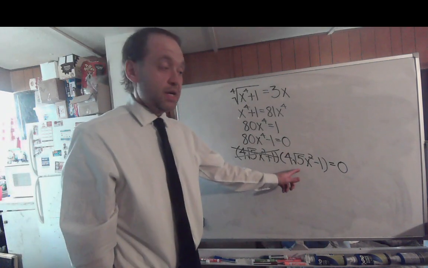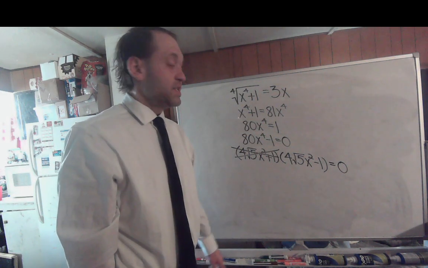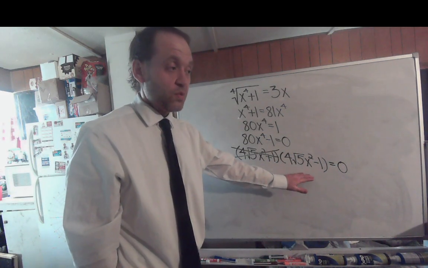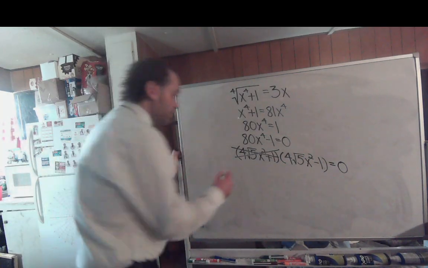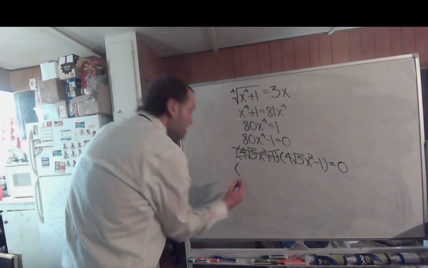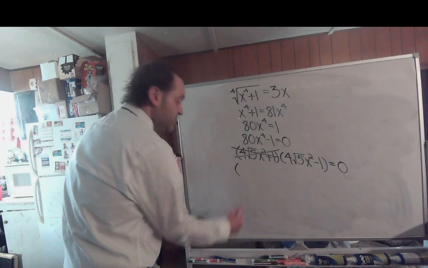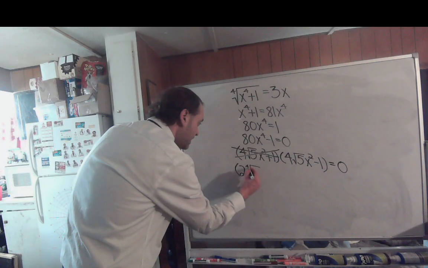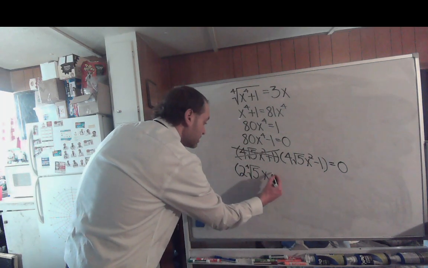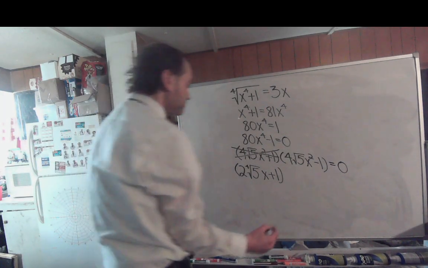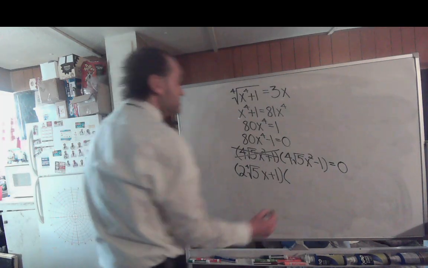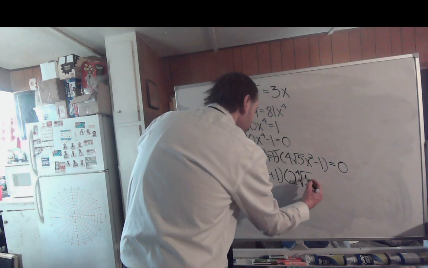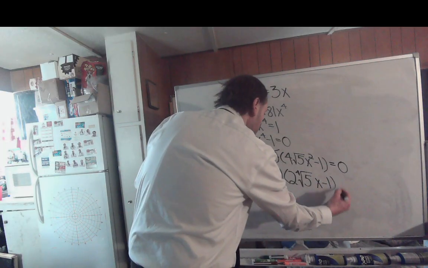But here's the pain in the butt. We can totally break down the right term, since this is a difference of squares, so it'll factor further. You'll end up getting the square root of 4 is 2, the square root of the square root of 5, so you'll end up having 2 times the fourth root of 5, x plus 1, times 2 times the fourth root of 5, x minus 1, all equal to 0.